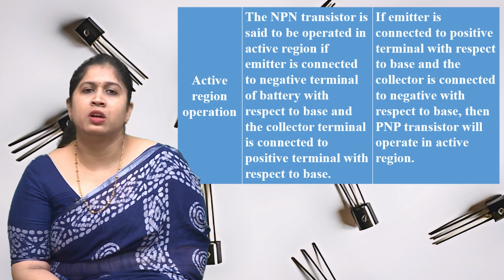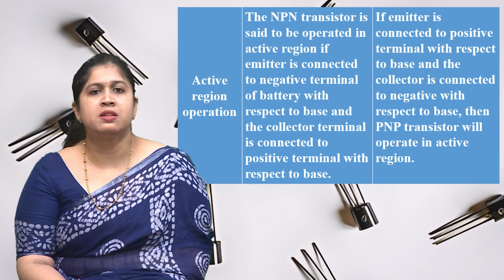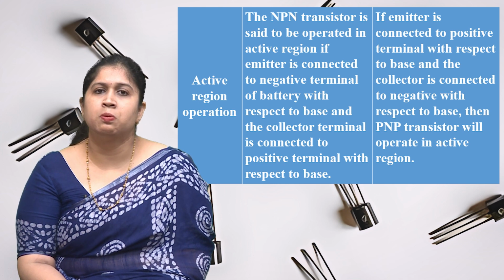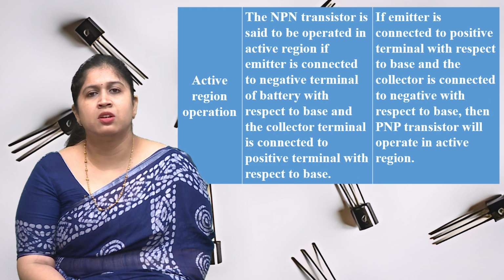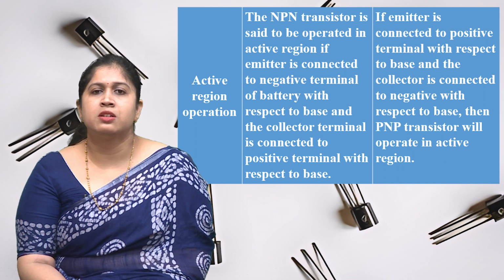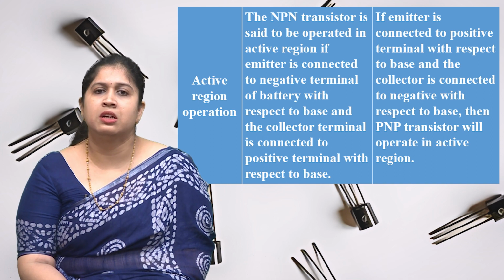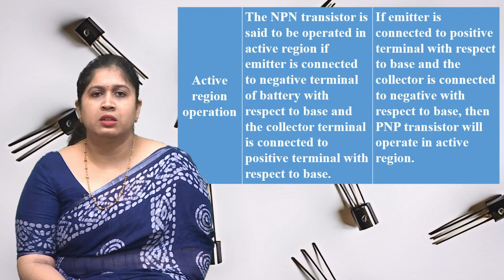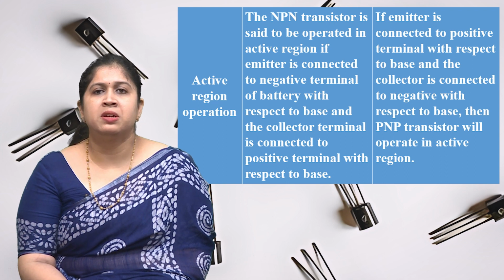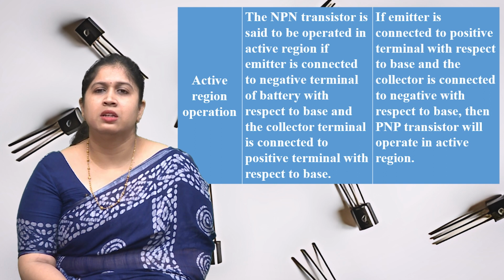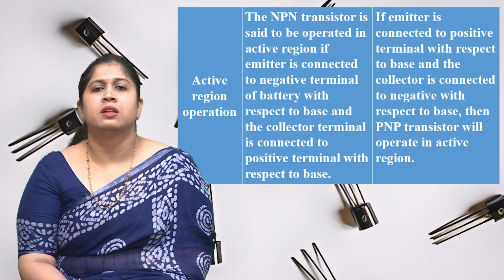The most important difference between NPN and PNP is active region operation. The NPN transistor is said to be operated in active region if the emitter is connected to the negative terminal of the battery with respect to base, and the collector terminal is connected to the positive terminal. On the other hand, for PNP, if the emitter is connected to the positive terminal with respect to base and the collector is connected to negative with respect to base, then it is PNP.